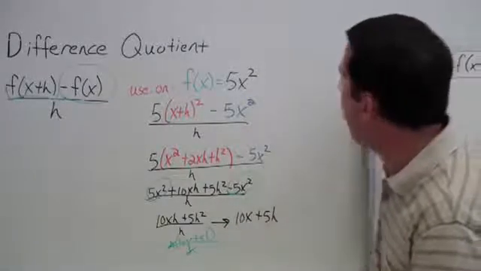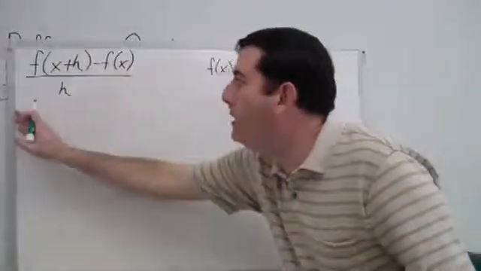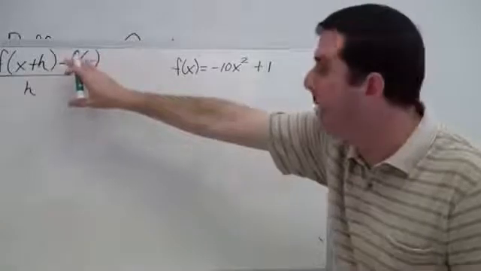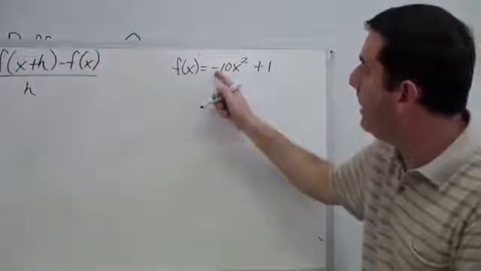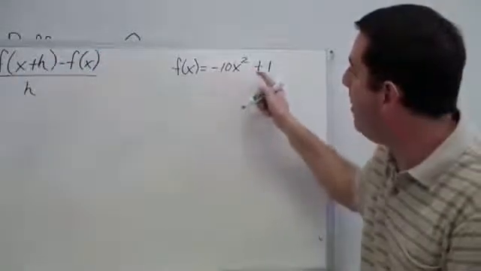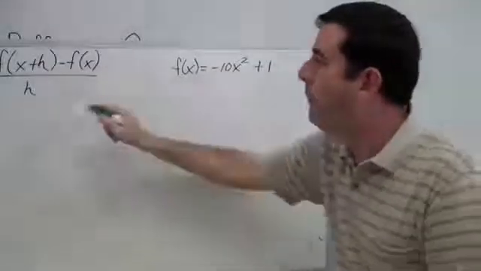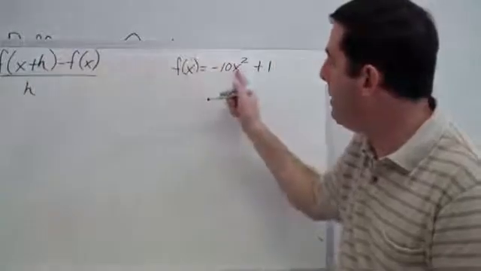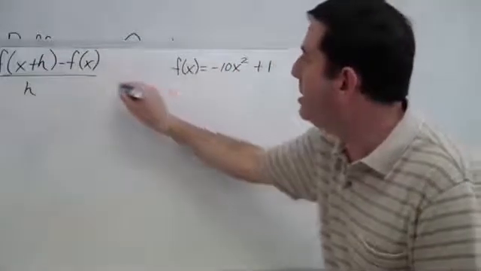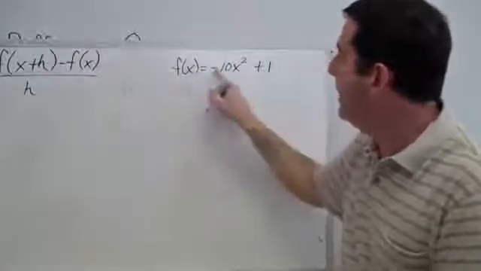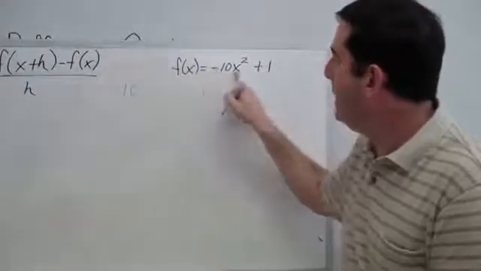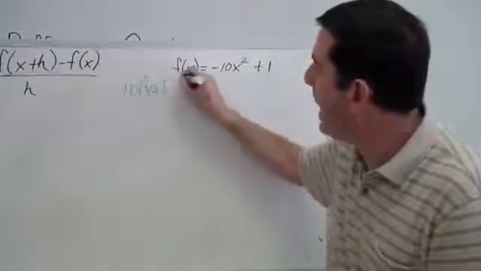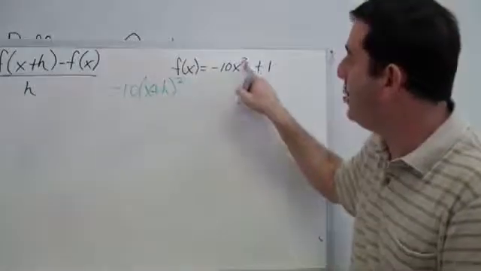Let's see if we can find another one. On this next one, same formula again that you should commit to memory. This time we'll apply it to minus 10x squared plus 1. The first part of the top says x plus h in for all of the x's. So the minus 10, let's bring it down. Instead of this x, let's replace it with x plus h, and that is to be squared.